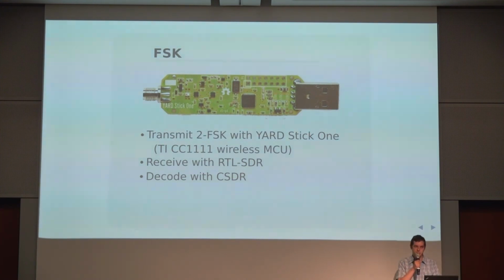The Texas Instruments CC1111, which is actually on the YARD Stick One that I've got from Mike Ossmann. Thanks, Mike. And so I tried to transmit FSK with this device and receive with RTL-SDR, then decode with CSDR.